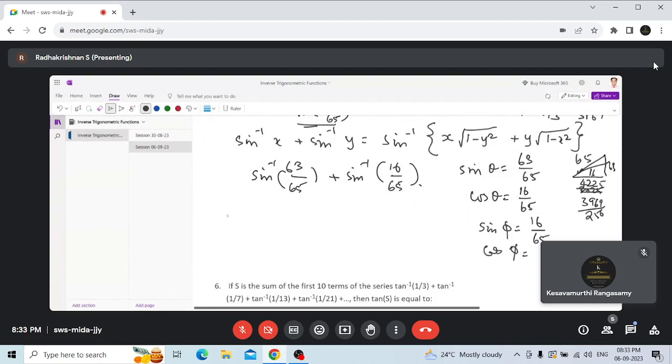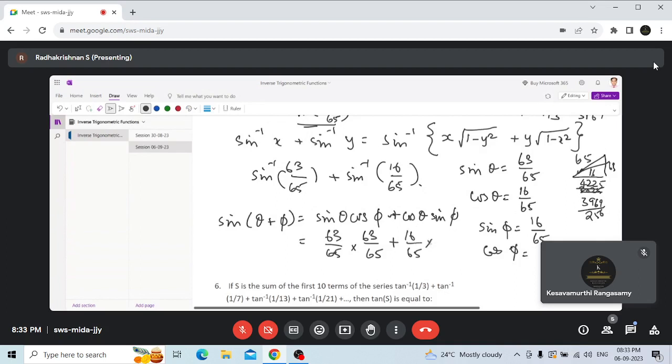So sine of theta plus phi equals sine theta cos phi plus cos theta sin phi.